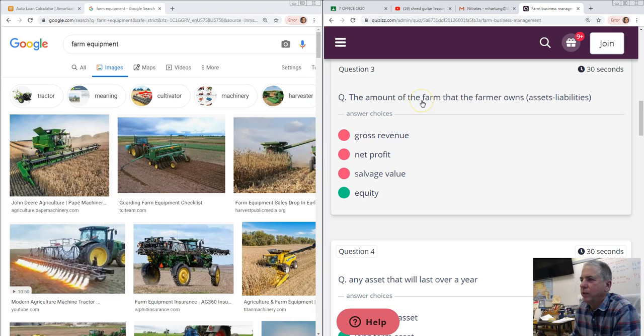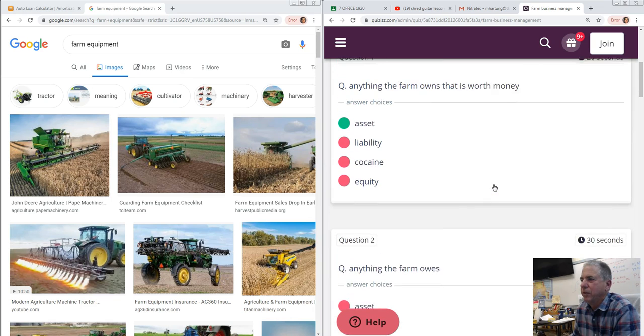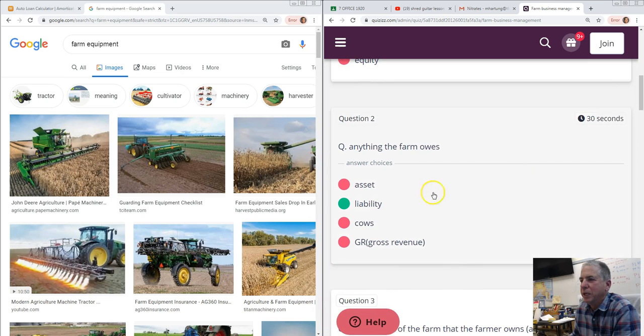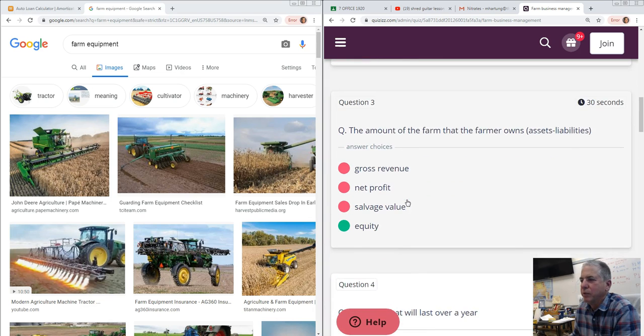The amount of the farm that the farmer owns: assets minus liabilities. So assets are the things that you own that are worth money. Liabilities are money that you owe to somebody, and the difference between those two is something called equity.